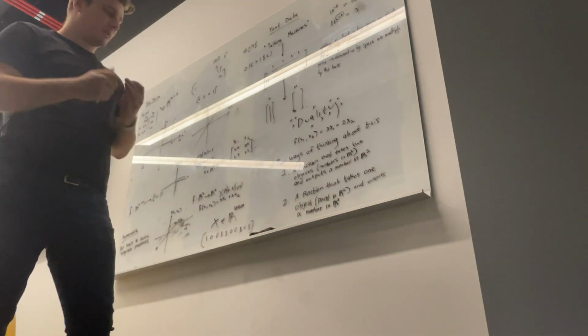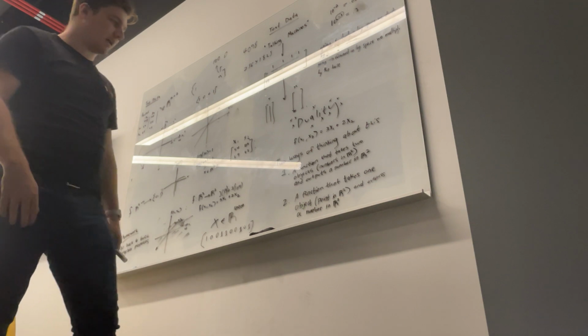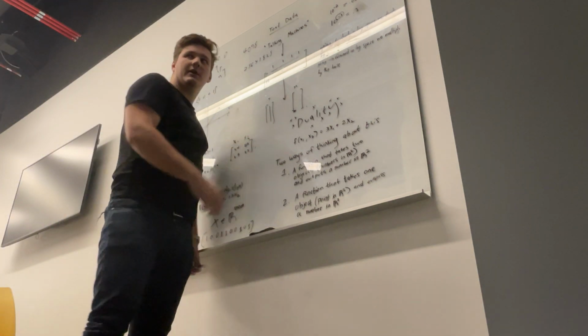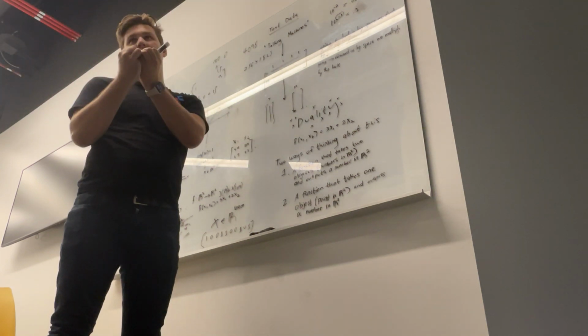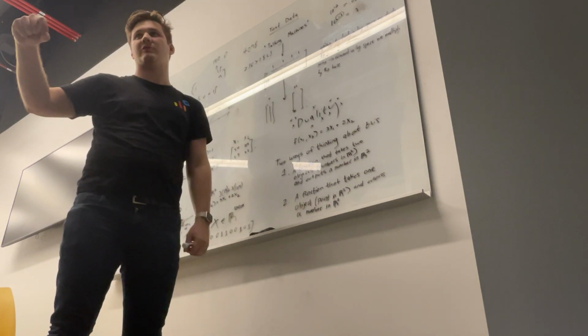So there's this duality idea where either x1, x2 is two different numbers, or it's clumped together into a single object, and that object is just a point in two-dimensional space.